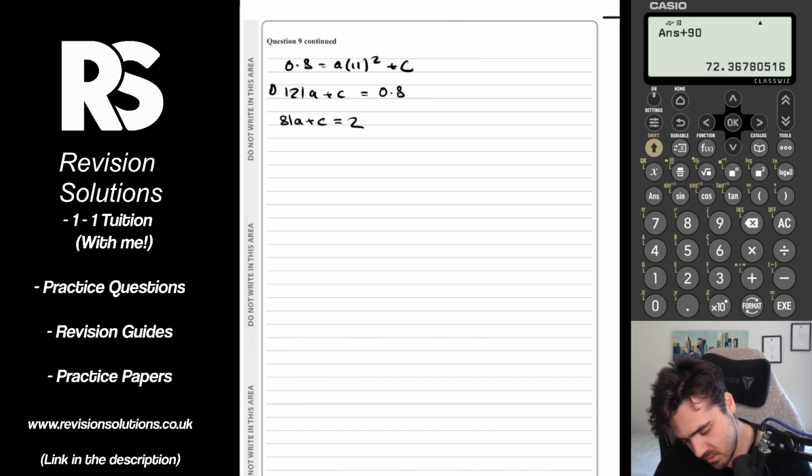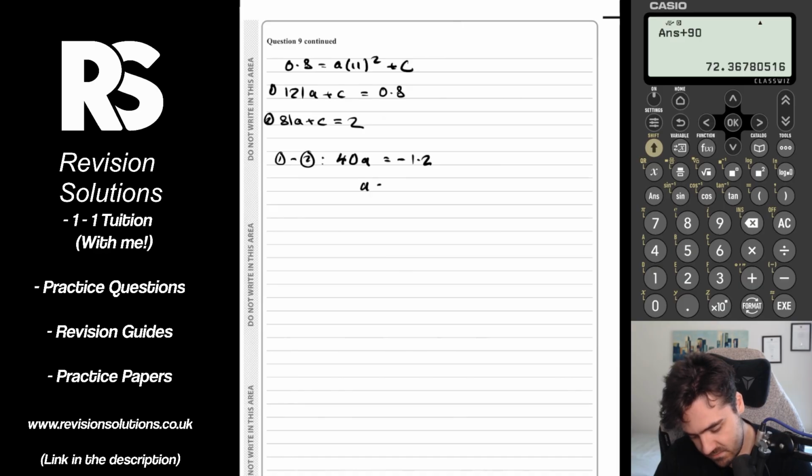If this is equation 1 and this is equation 2, let's do 1 minus 2. 81 minus 121, that would be minus 40 lots of A. Then the C's will cancel, and then we have 0.8 minus 2, that's minus 1.2. And then we'd have A is minus 1.2 over 40.